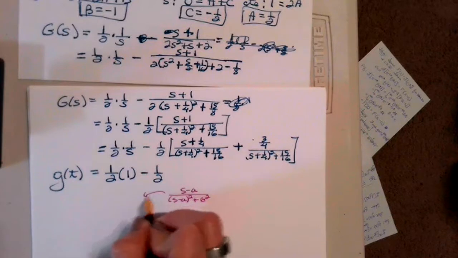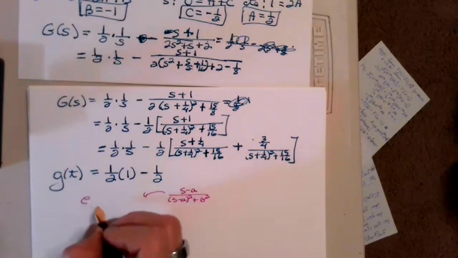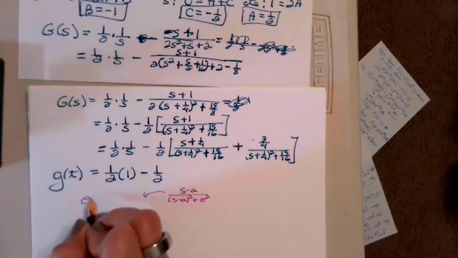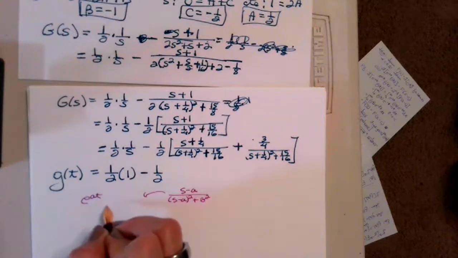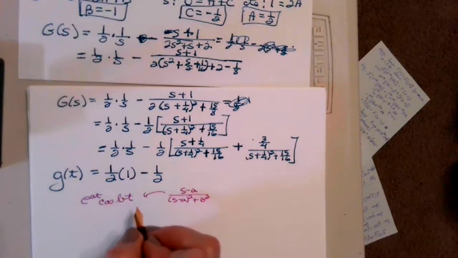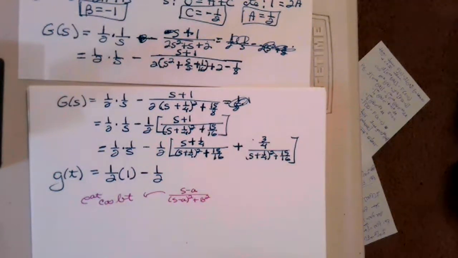And then when you invert that, you get e to the at, let me make sure I'm looking at the right one, times cosine bt. Okay, and that was from line 10 on the chart.